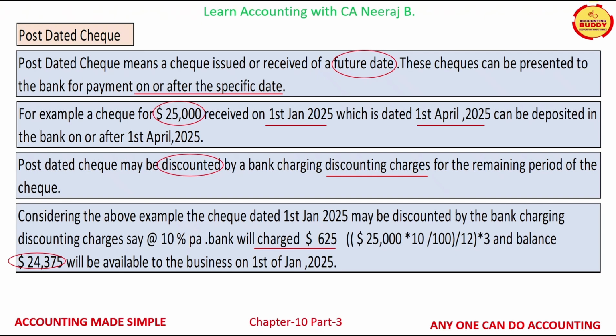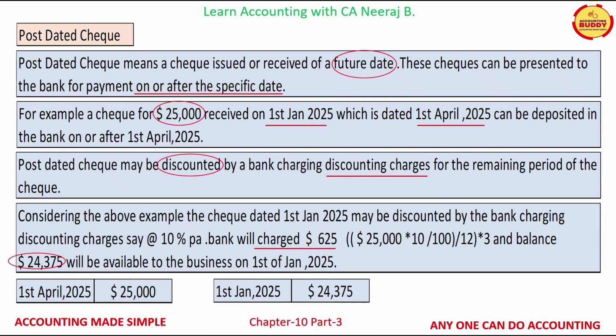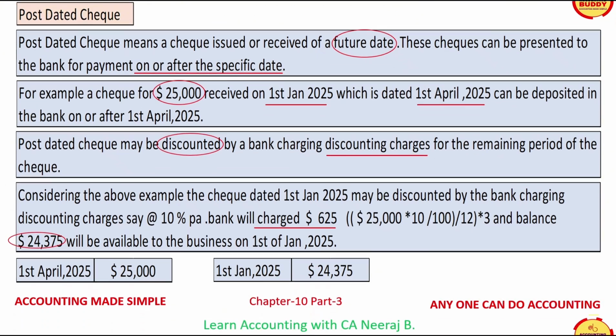Now, if the business can afford to wait till 1st April 25, the business will get the full amount of $25,000. However, if the business needs immediate funds, the business will only get $24,375 on 1st of January 25.